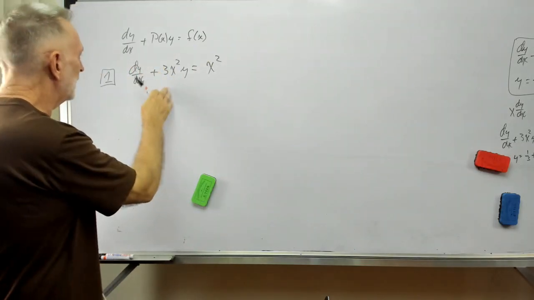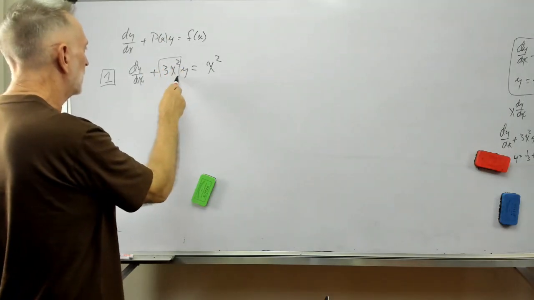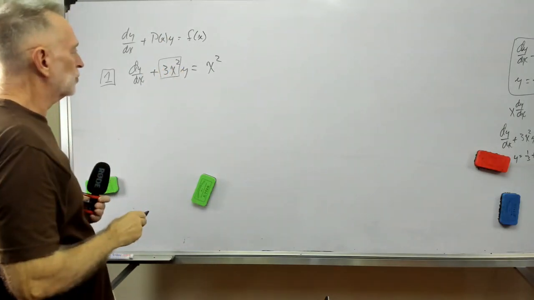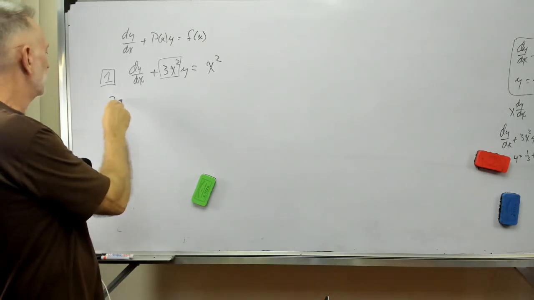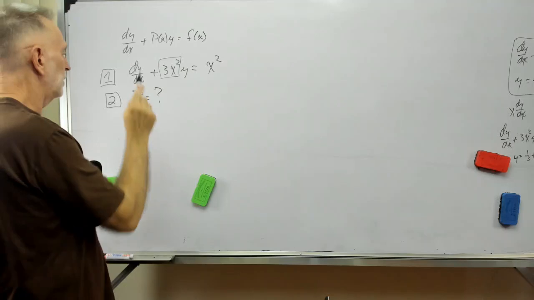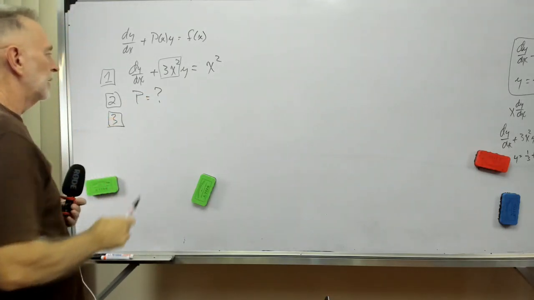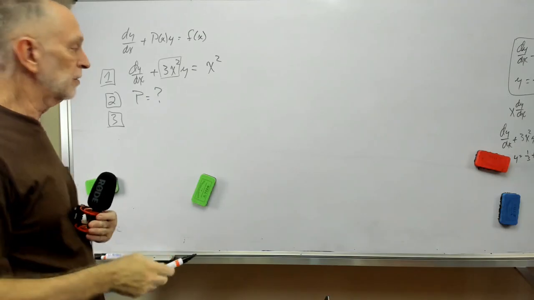And in that, you can see what P is. Well, P is 3x squared. So step two, P equals 3x squared. Now step three is I need to determine my integrating factor.